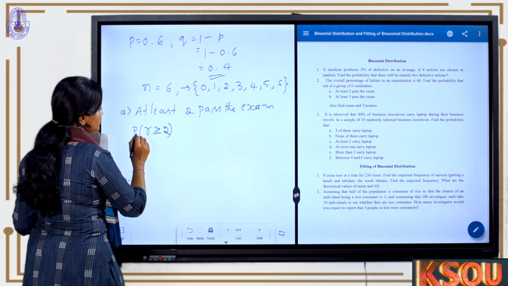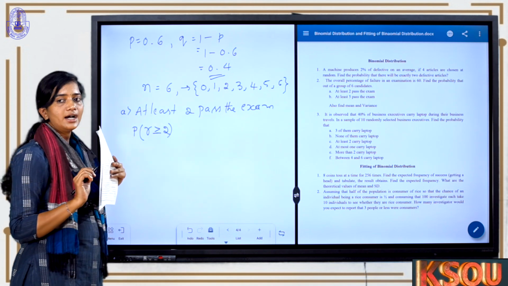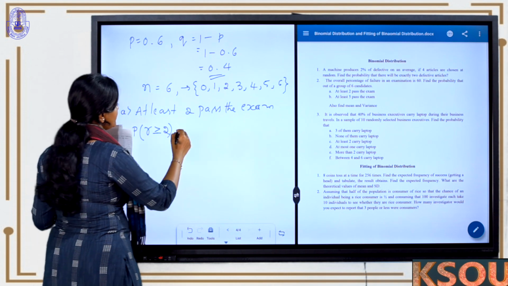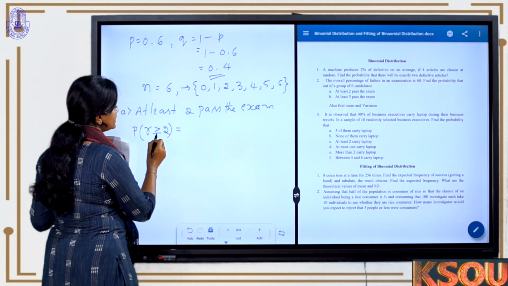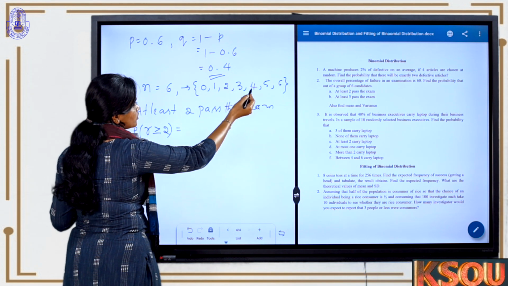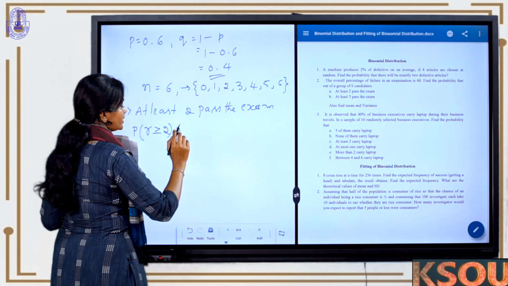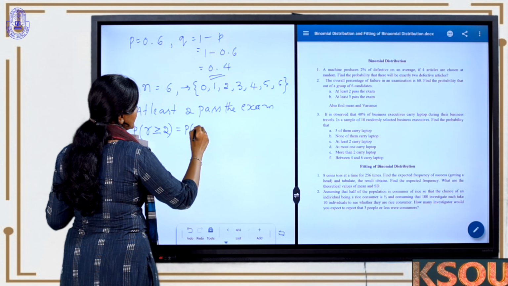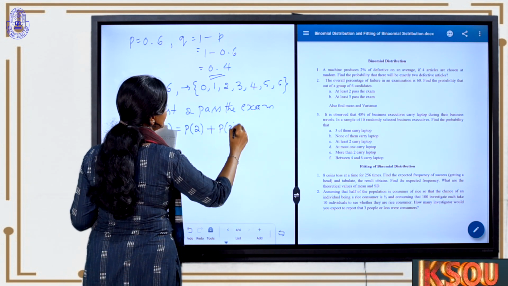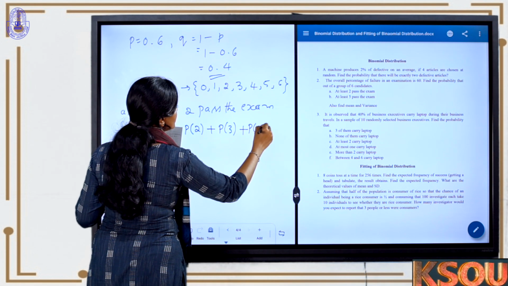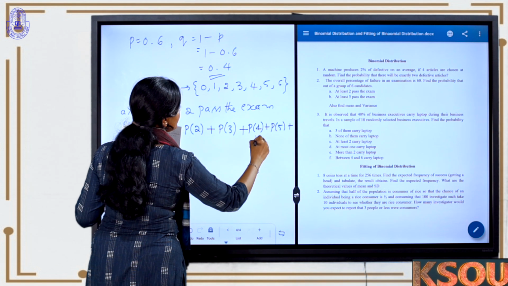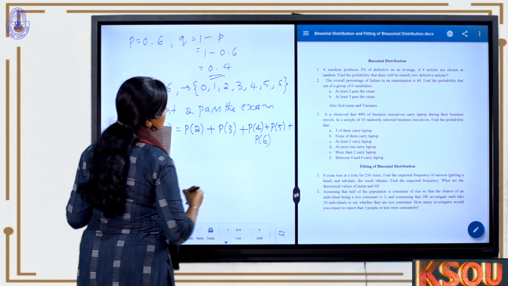At least means you will have to show it in the symbol: P of R is more than or equal to 2. Then how many possibilities you have? It might be 2 or 3 or 4 or 5 or 6. So for that you will have to take P of 2 plus P of 3 plus P of 4 plus P of 5 plus P of 6.